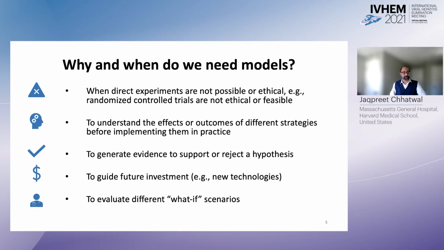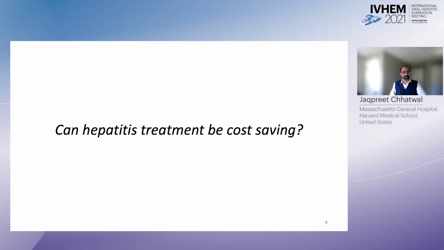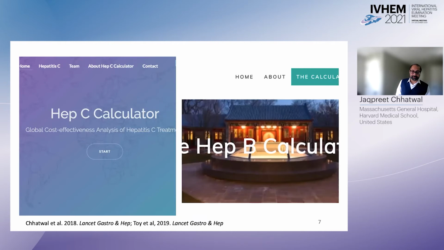In the next few slides, I will give some examples of where models have been used in the context of hepatitis elimination for both B and C. One of the first examples that comes to people's mind is, can these models inform if hepatitis treatment is cost effective or cost saving? Well, a large body of work has been done around this.